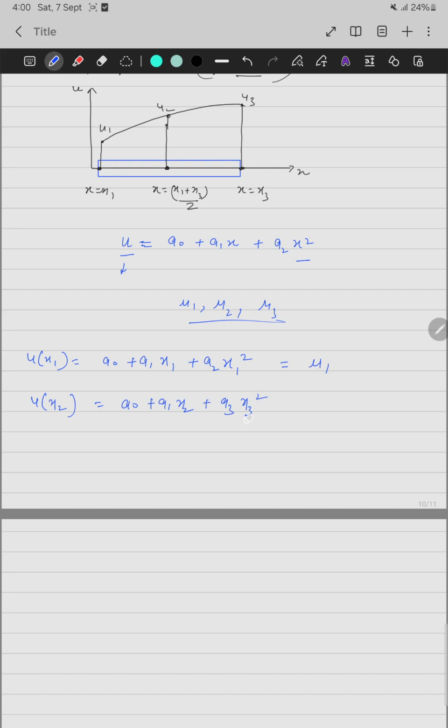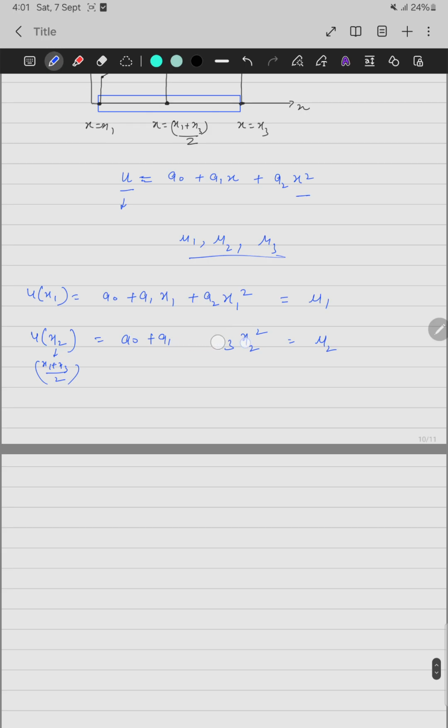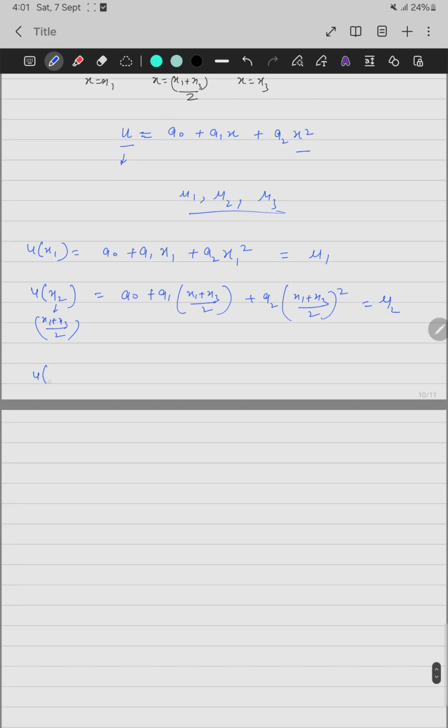Sorry, this will be x2 only. And x2 is basically x1 plus x3 divided by 2. So let me write it this way, it will be more clear: a naught plus a1 times x1 plus x3 divided by 2 plus a2 times x1 plus x3 divided by 2 whole square equals u2.